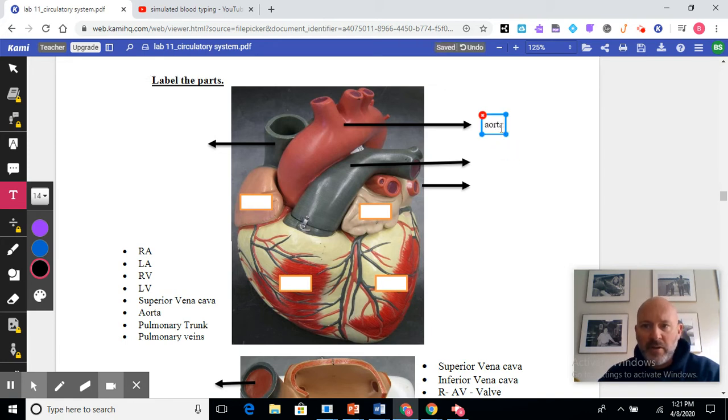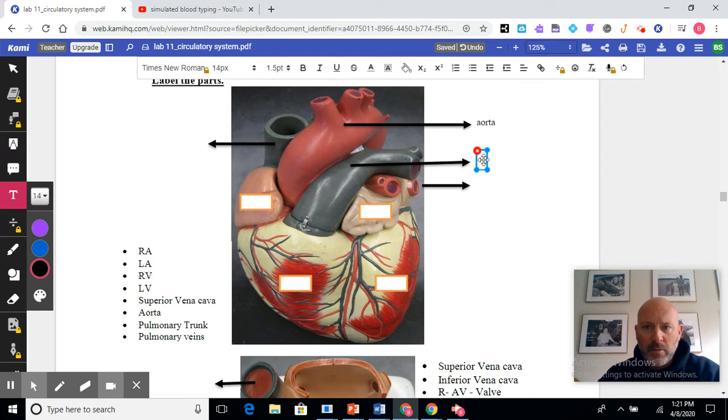That's the aorta. This is the pulmonary trunk, which is really the beginning segment of the pulmonary artery. These are pulmonary veins.